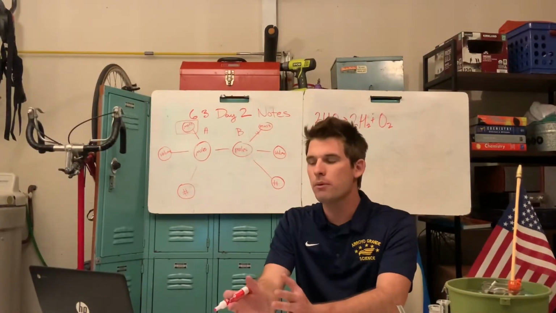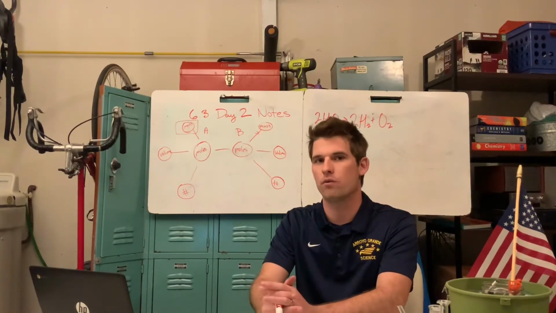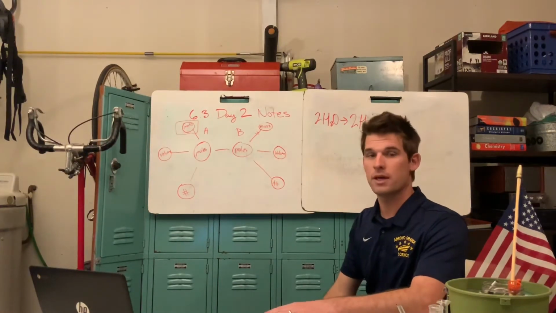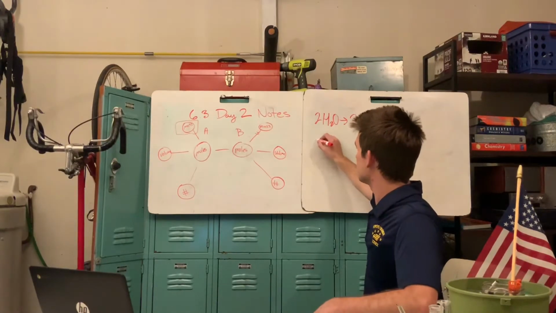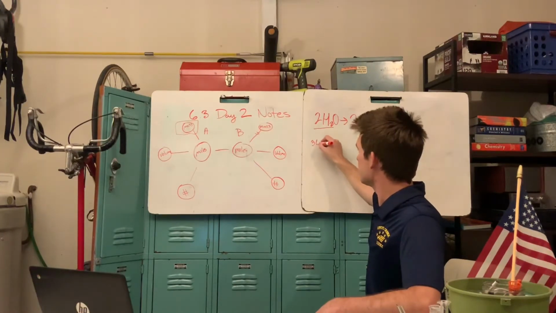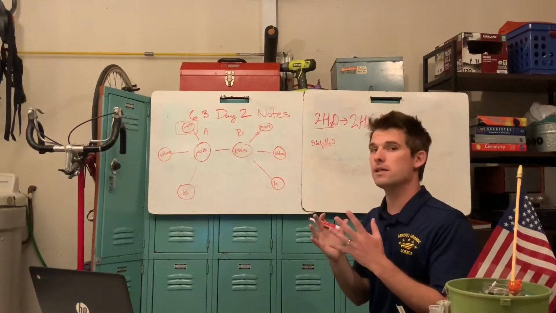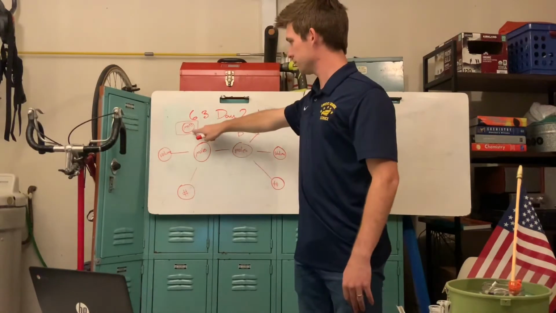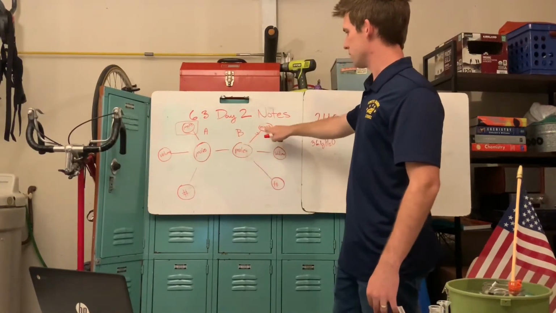It's asking us, how many grams of oxygen gas will we produce from 36.1 grams of water? So we're going to use the same equation from yesterday, and I already have it balanced right here. We need to figure out how much oxygen we produce if we have 36.1 grams of water. So what it's asking us to do is go from the mass of water to the moles of the water to moles of oxygen to mass of oxygen.